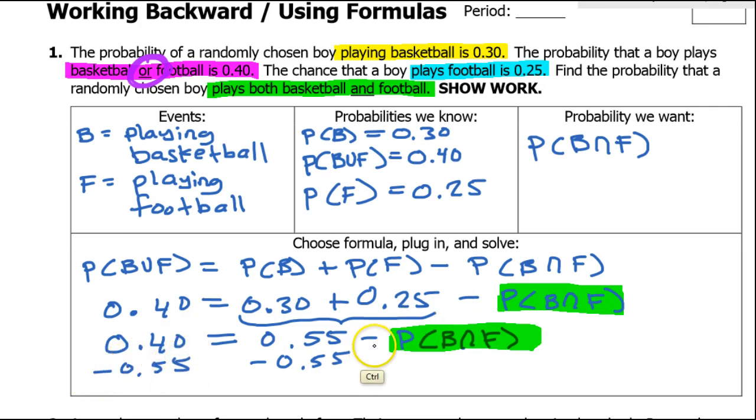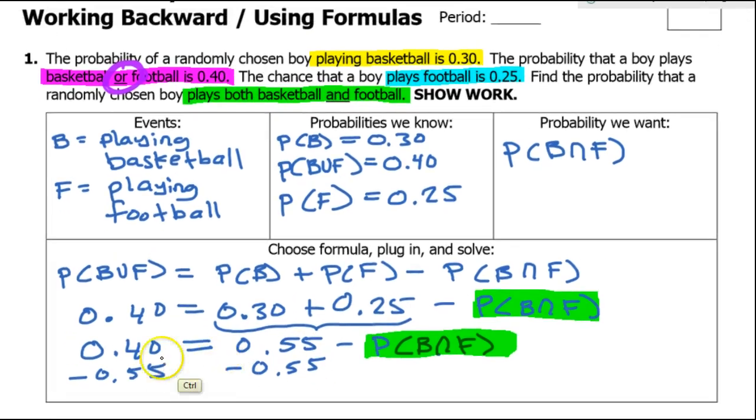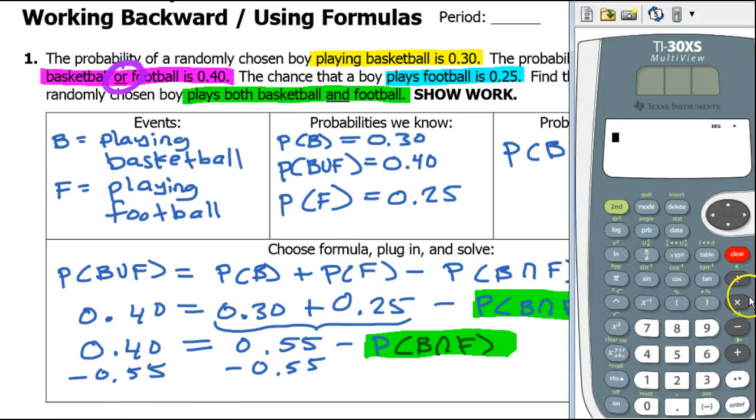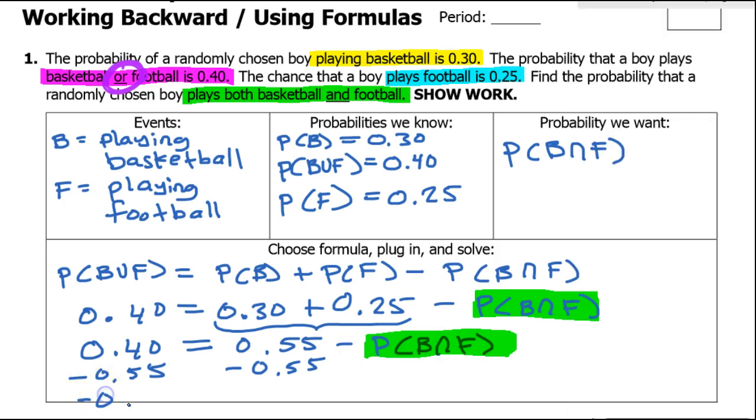Because of this minus sign over here, that's why I'm subtracting instead of dividing. Anyway, so 0.4 minus 0.55 is negative 0.15. And that's equal to, see this negative sign? It's still there.